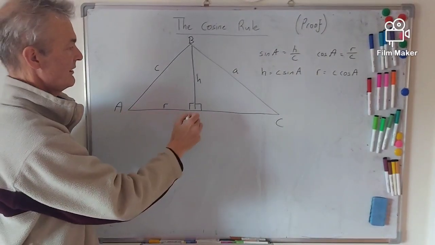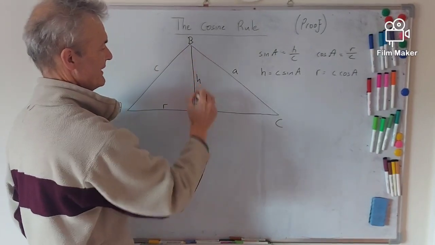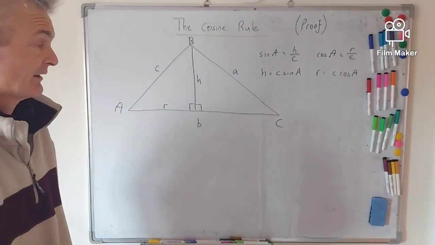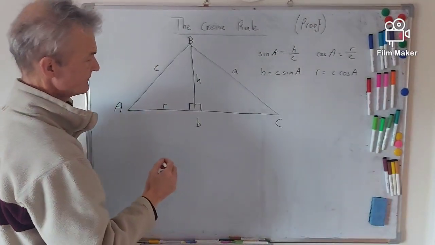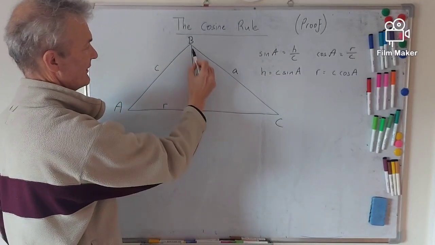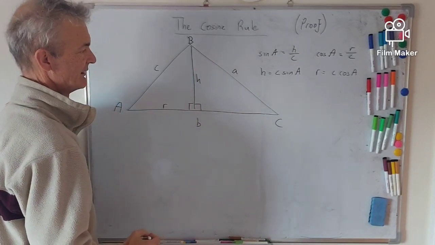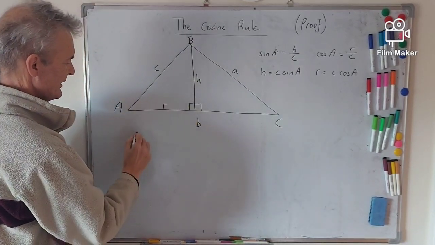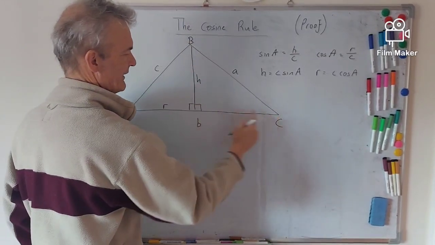Now, I'm going to leave this triangle behind now, and I'm going to look at the other triangle here. And what I'm going to use here is Pythagoras. So if you remember, Pythagoras says that this side squared plus this side squared is going to equal this side squared. So I've got this side here, H, so I can say H squared, but I haven't got that side here.